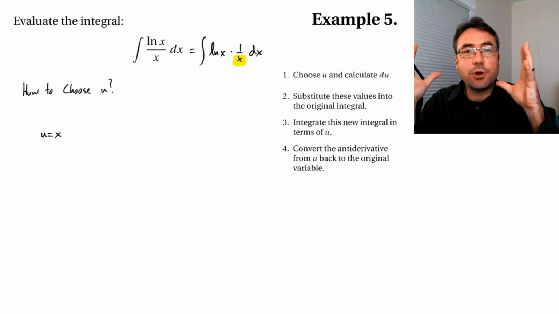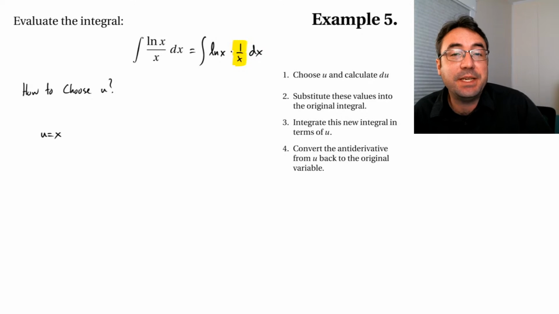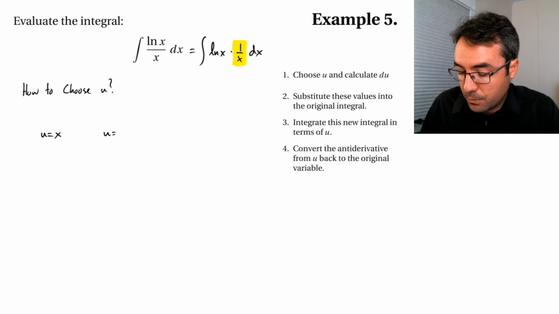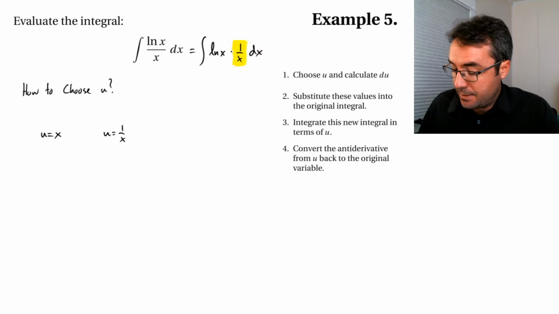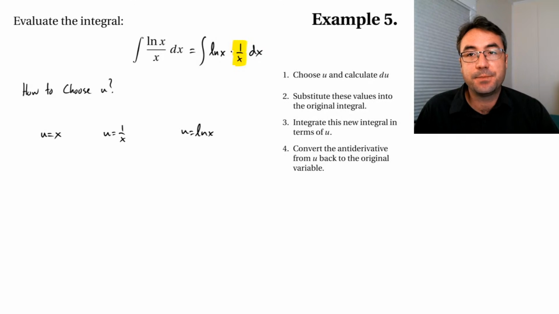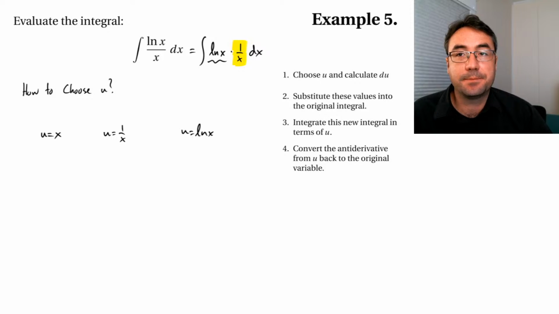Maybe I expand my scope a little bit and say, all right, I have this as a piece of my function, 1 over x. So maybe I pick u equal 1 over x. Or maybe I let u equal the natural log of x, the other piece that we had up there.